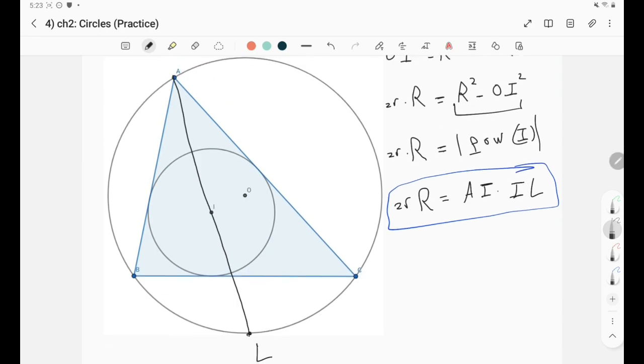If we recall, what are the properties of this golden point L? We know, first of all, it's basically the midpoint of the arc BC, as it lies on the angle bisector AI. We know, of course, that this triangle is isosceles, so it lies actually on the perpendicular bisector here as well.